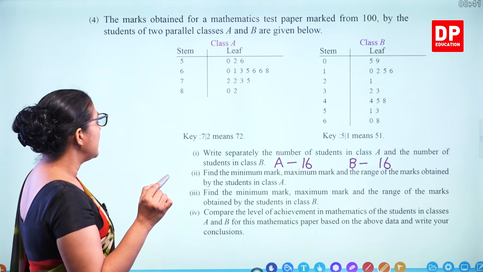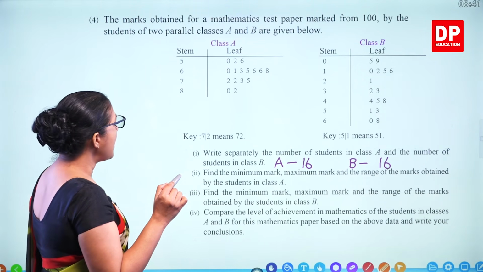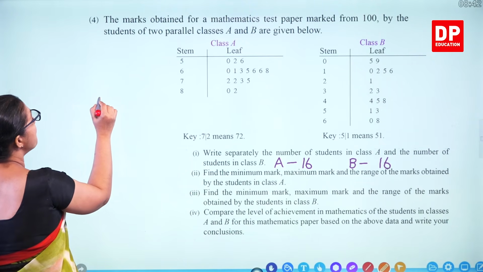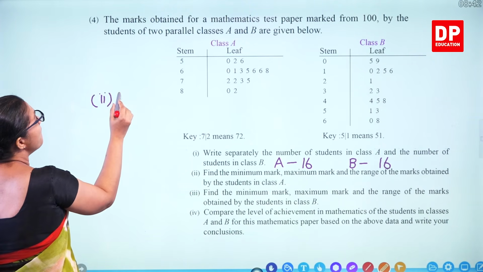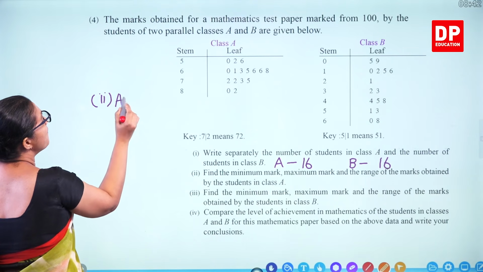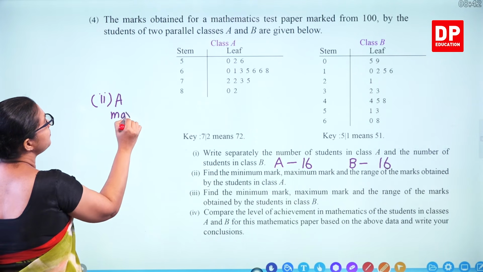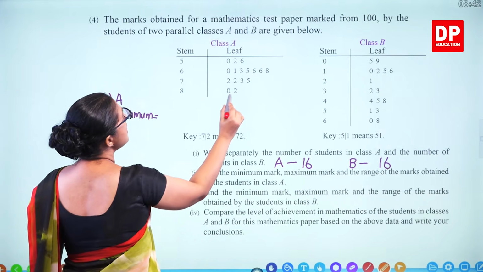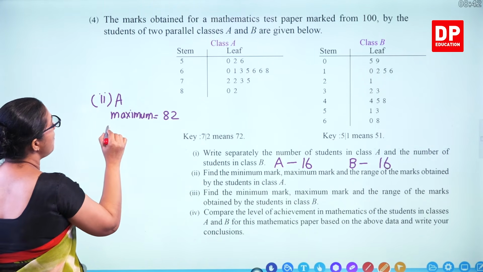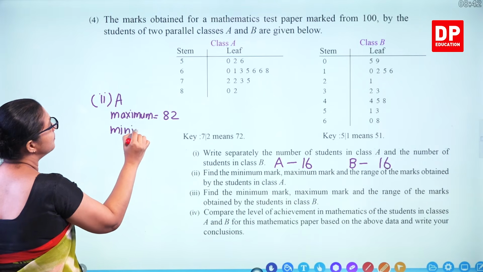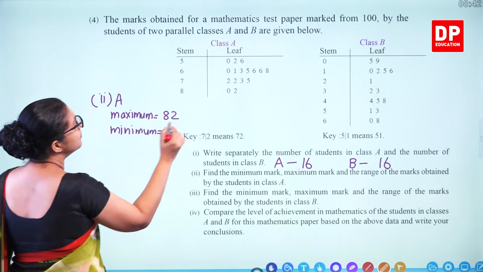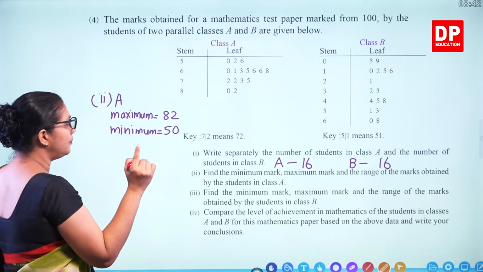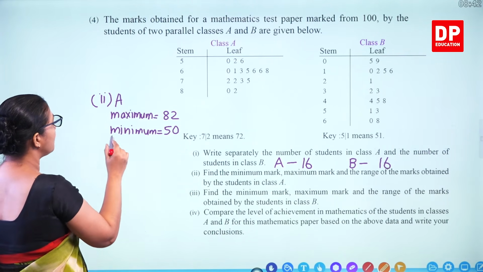Find the minimum mark, maximum mark and the range of marks obtained by the students in class A. So for class A, I can write maximum 82, minimum 50, and we need the range.